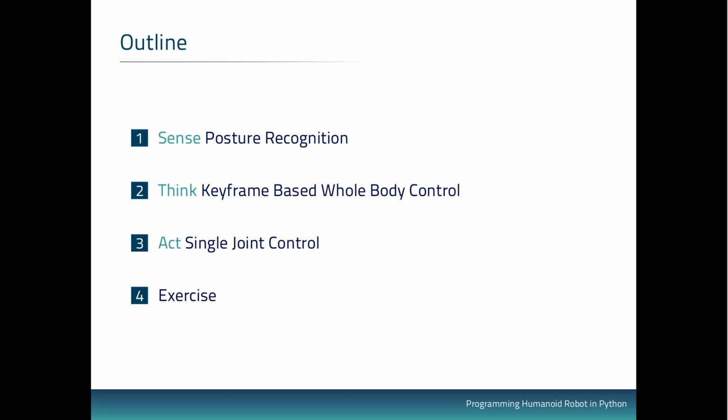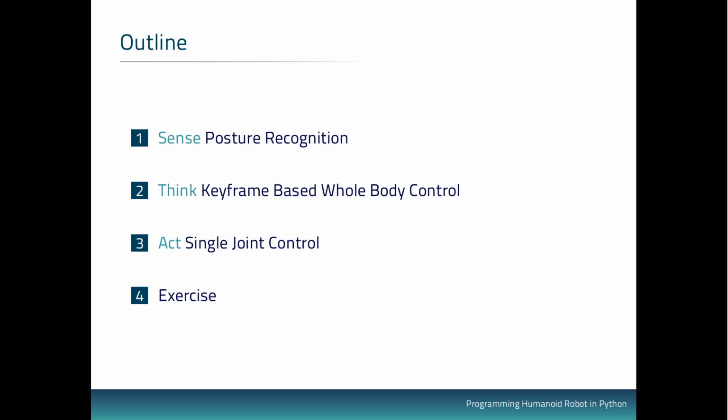So we can map the different stage tasks to our sense, think, and act model and divide it into three subtasks in this lecture. First, we will do posture recognition, which belongs to sense. And then we will use keyframe-based whole body motion control, which generates the motion path plan.